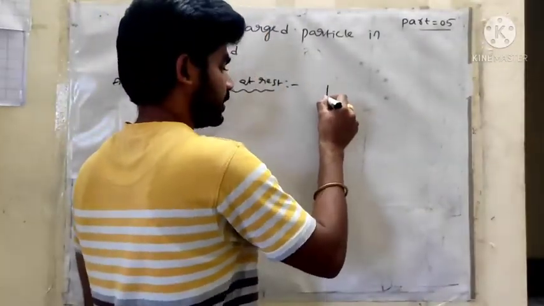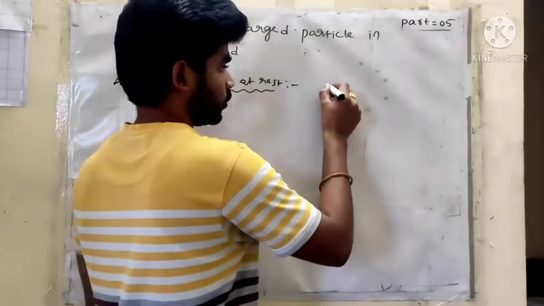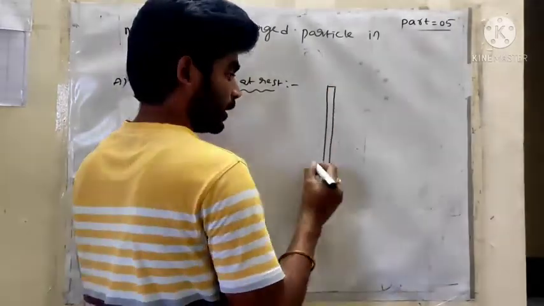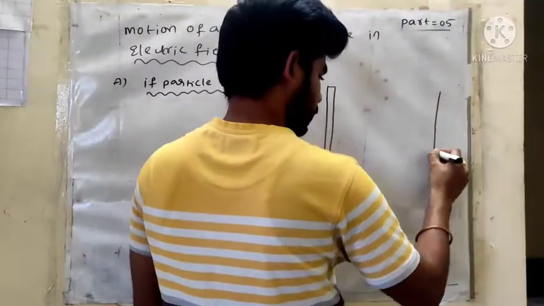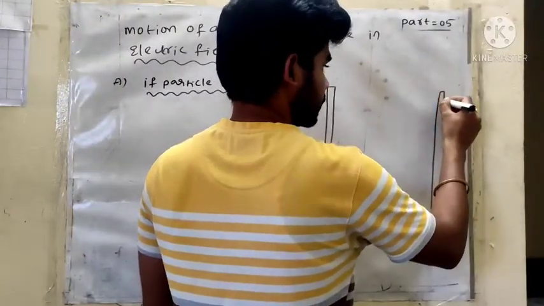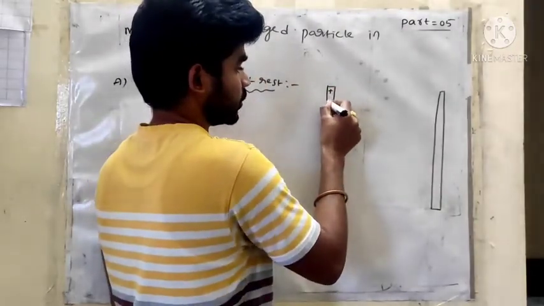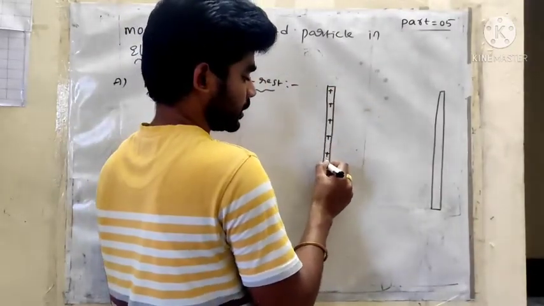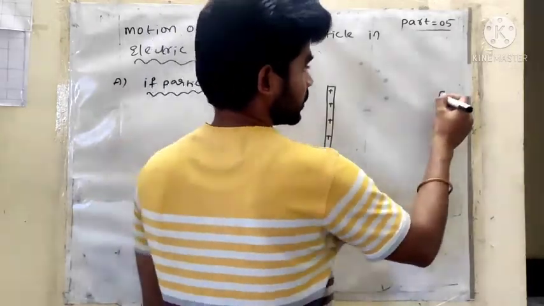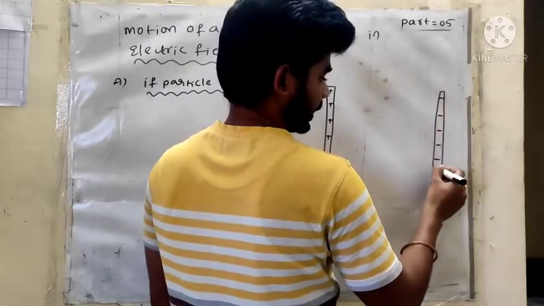So let us consider, this is a positive plate with positive charge, and on this side we have a negative plate, completely negative charge.